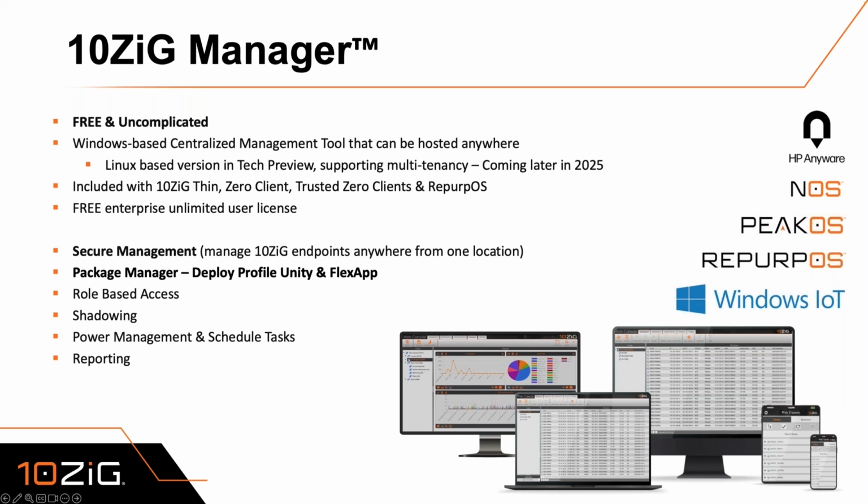And so, for example, with today's topic on Profile Unity and FlexApp, we can use the Tenzig Package Manager to deploy both Profile Unity and FlexApp containers to those Windows 11 IoT endpoints to provision app stacks, etc. Also, you can shadow all endpoints and do all of the typical management capability features that you would expect to see through Tenzig Manager.